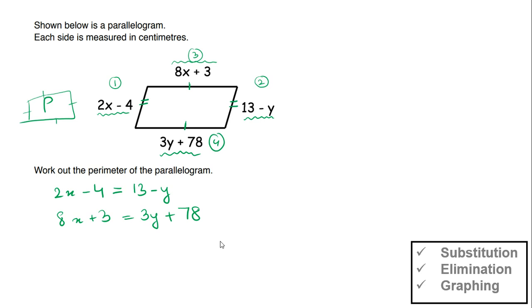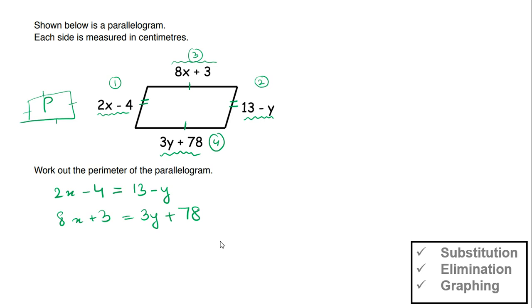The bases are not the same. Similarly, on the other side there's a negative y and there's a 3y, so again it's a lot of work, too many things to be done, so it's better that we avoid elimination. Graphing again is not required unless they ask us to draw a graph, then it's fine, we can use the graphing method. But for now we're going to stick to substitution.